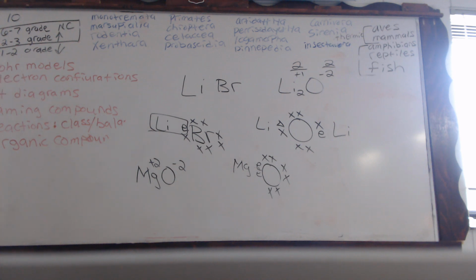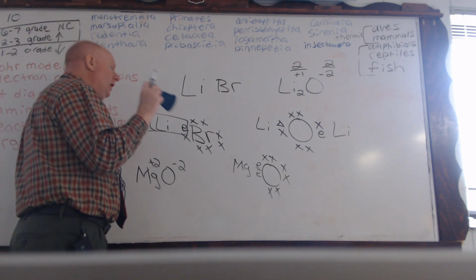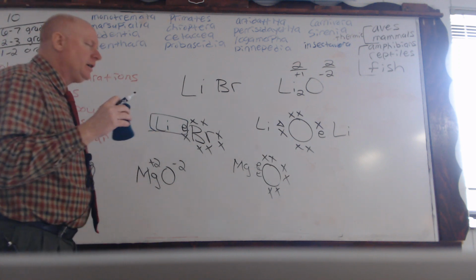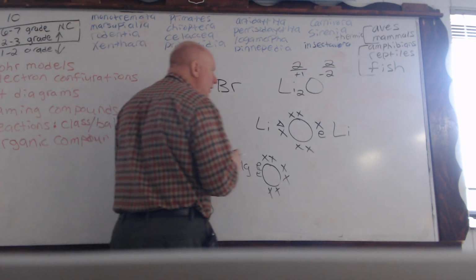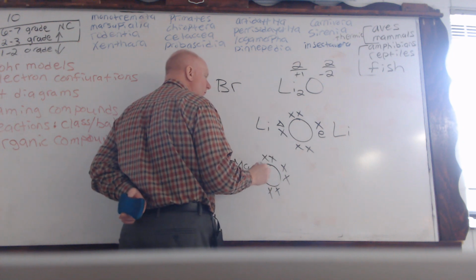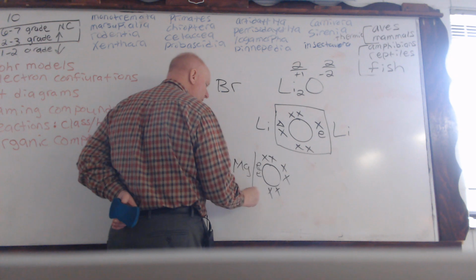How do we know that, other than it's metals and nonmetals, and that's what we told you, these are ionic bonds? How would you illustrate these being ionic bonds? How many electrons are around this oxygen? How many are around each lithium?